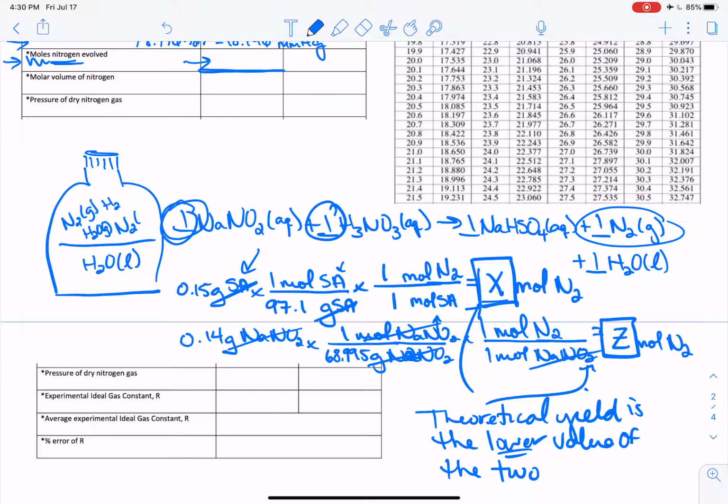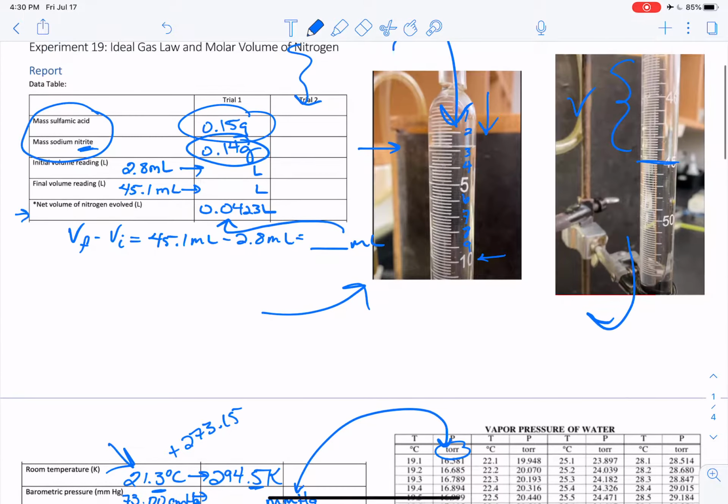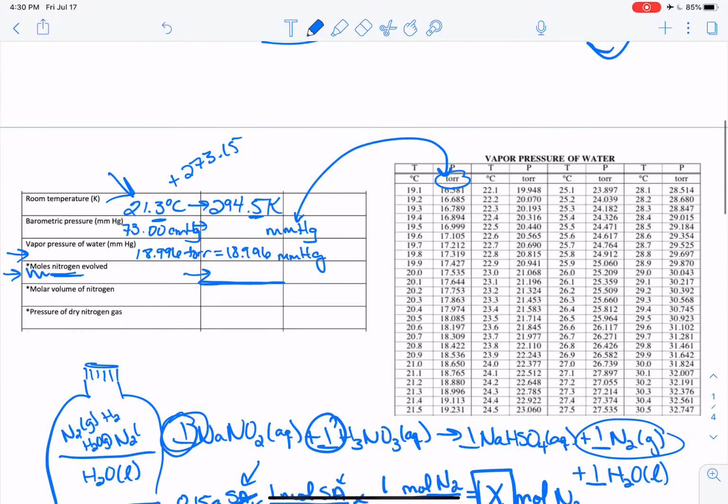Now, the molar volume of nitrogen. The molar volume of nitrogen is going to be the volume of your nitrogen back here, so 0.0423 liters, divided by whatever value is up here.